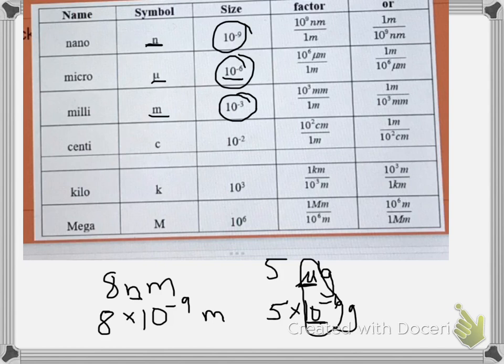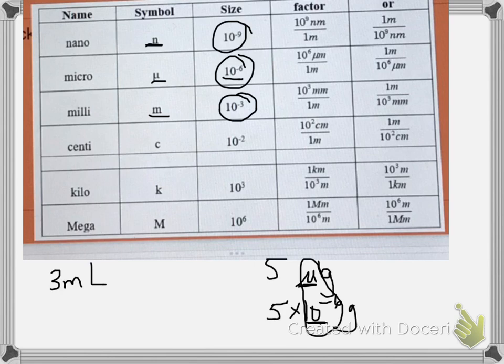So if I had 3 milliliters, this means I have 3 times 10 to the negative 3rd liters. Again, this and this, my milli and my 10 to the negative 3rd, are the same thing. So I am simply replacing milli with 10 to the negative 3rd.